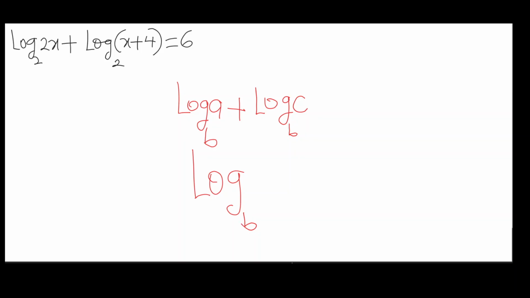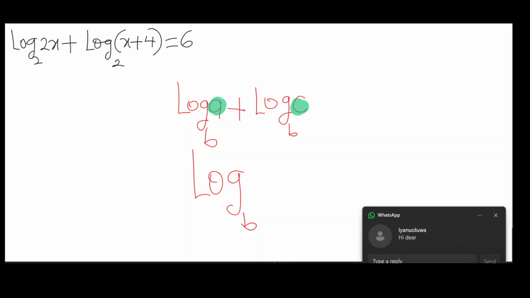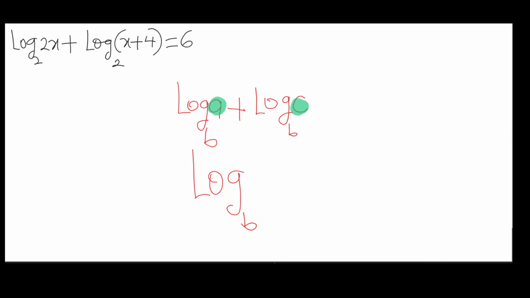That is, we multiply a and c, which is going to be a times c. And that's what we're going to be applying in the question, because the question satisfies the rule.